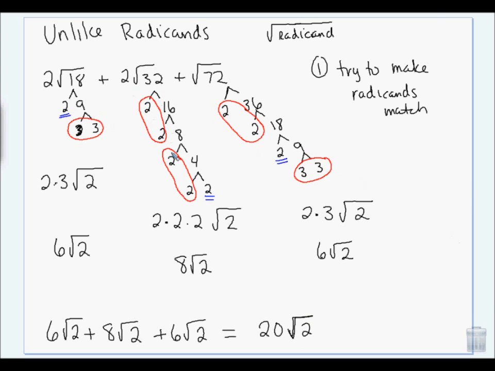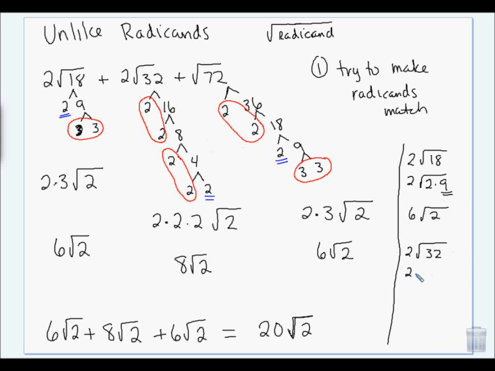Now, of course, you don't have to do a factor tree. If you know that 18 is 2 times 9, I can pull the square root of that 9 out. So you can just use your knowledge of perfect squares. You don't have to do a factor tree. If you know that 32 is 2 times 16, you can pull the square root of the 16 out.